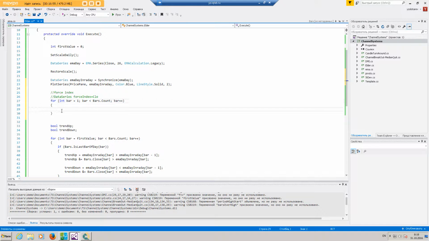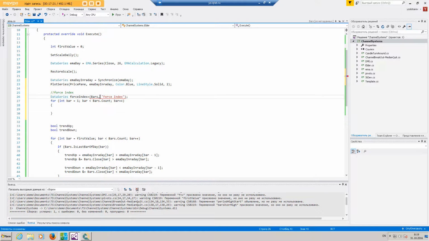I'm gonna start with bar 1. And the data series will be created right here, equals. So when I write bars, I just specify how many values I'm gonna have.